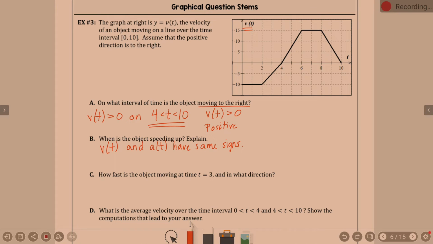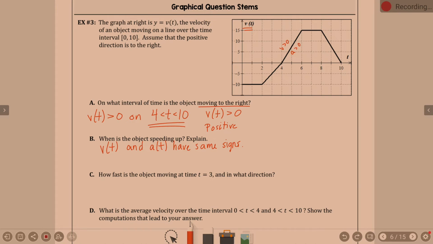Do we have any positive velocity and positive acceleration, or negative velocity and negative acceleration? 4 to 6 is positive and positive. Because from 4 to 6, it's above the x-axis, so velocity is positive. And it's an increasing slope, so acceleration is positive.